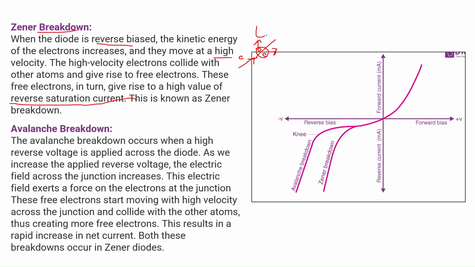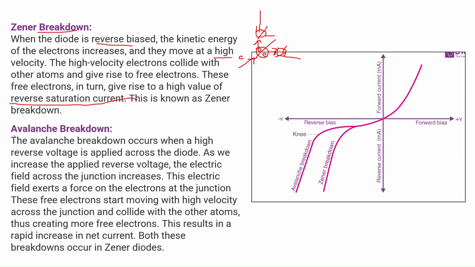This electron collides with one more atom and this electron collides with one more atom. There will be a breakdown of covalent bond which generates two electrons each. Thus, at the end of the second stage, there will be 4 electrons. This is called avalanche breakdown. The number of charge carriers generated will increase rapidly.